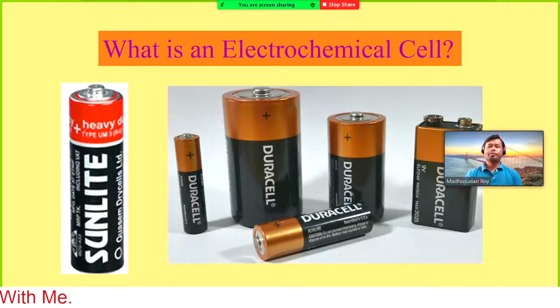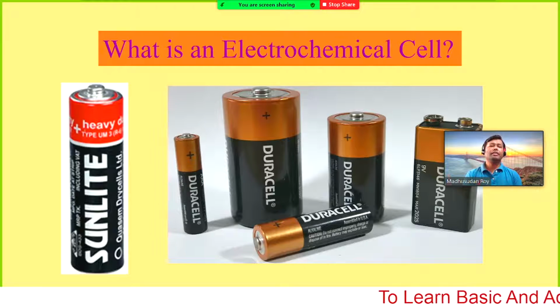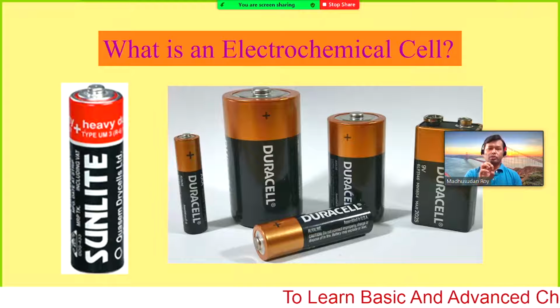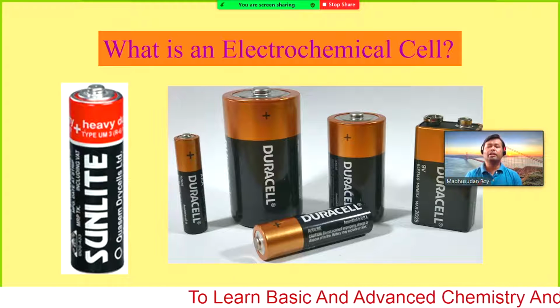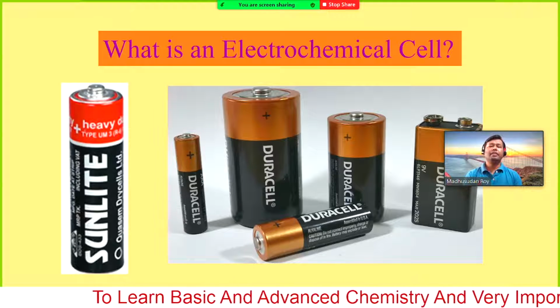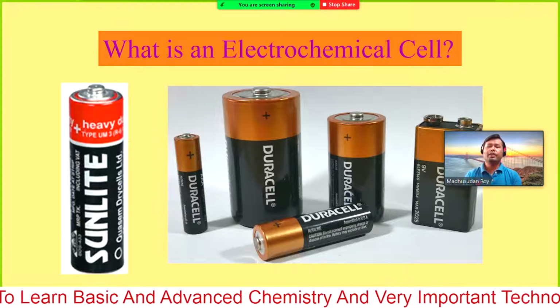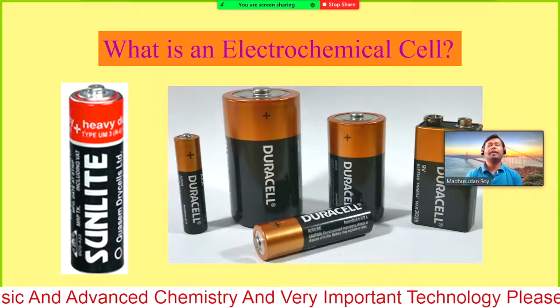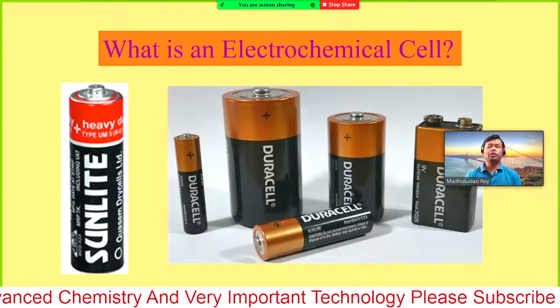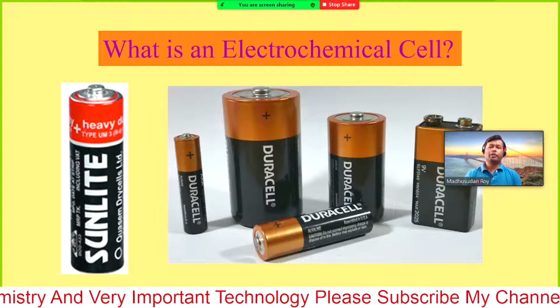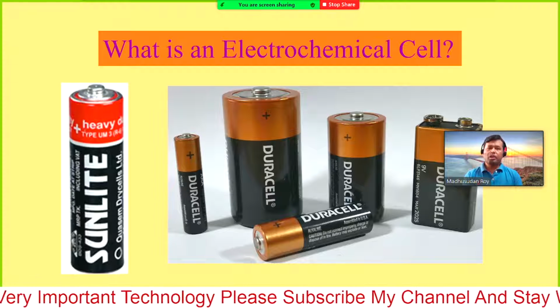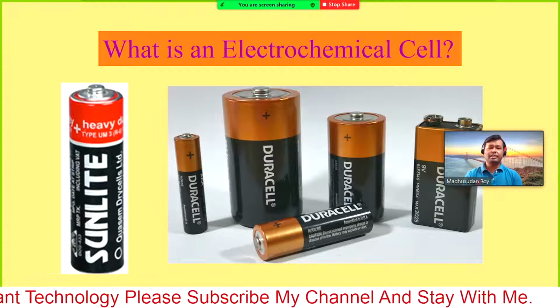Therefore, inside the cell, there are some components. We always put some components, an electrode and an electrolyte. These two different types, solution and electrode, are kept inside a cell.